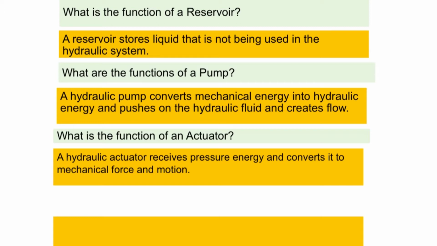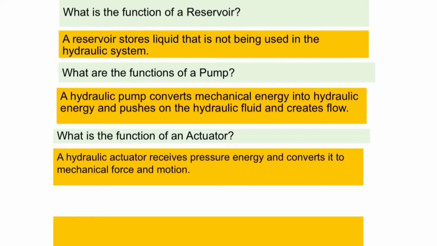If you compare the actuator and the pump, you can see that the actuator does the vice versa of the pump. While the pump converts mechanical energy into hydraulic energy, the actuator takes the hydraulic energy back into mechanical force and motion. And then now let us look at the control valves.